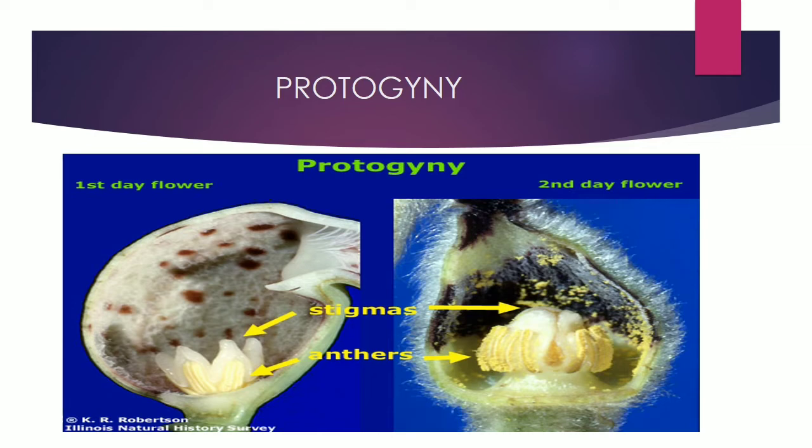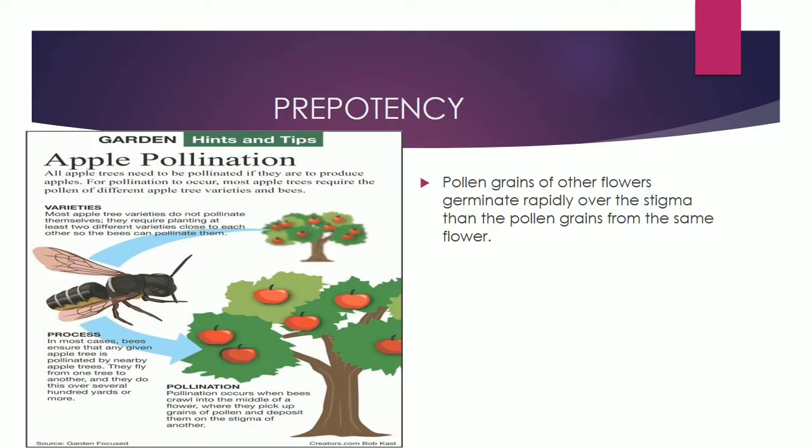Next device is prepotency. Prepotency, an actual example is apple. Here pollen grains of another flower germinate rapidly over the stigma. That means the pollen grains from some other flower will be falling on the stigma, and pollination happens that way.